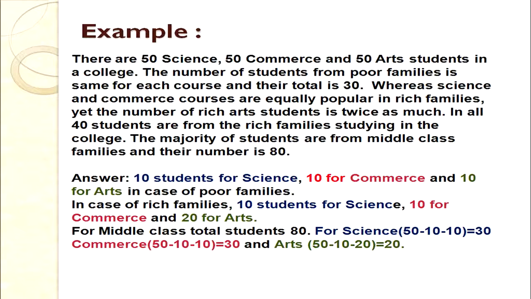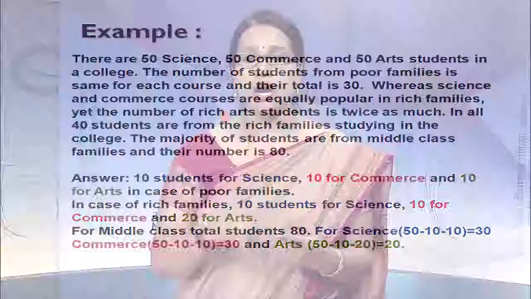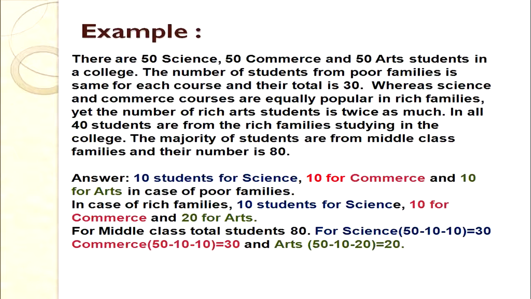Likewise, 50 minus 10 minus 10 gives 30 students for commerce. Now, for arts, 50 minus 10 minus 20 is equal to 20. Now, I have taken out the data and classified it into similar groups, the first step.